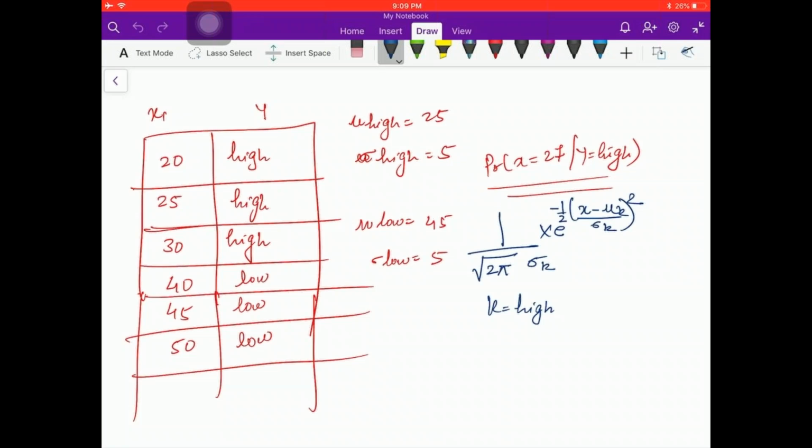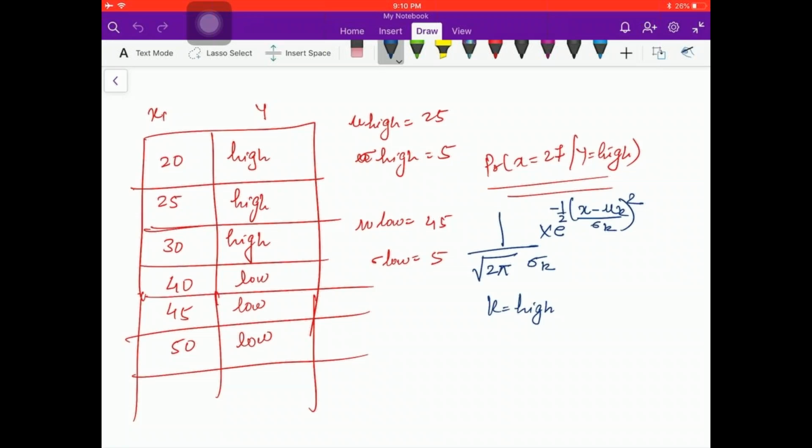So even if the value is not there, if you have a continuous variable, you can still find out the probability of that number given a particular class and calculate it. Now, if I ask you the probability for x equal to 50, given y equal to high, that will be very less. Can you just check that also?